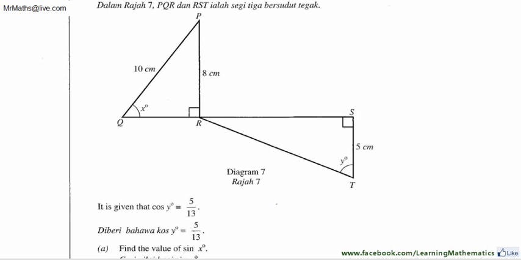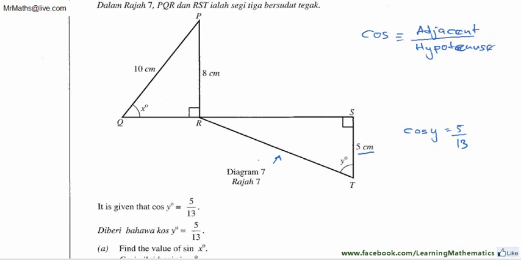That's question A. So if cos y is 5 over 13, not 5 over 5, but 5 over 13, and you know that the definition of cos is adjacent over hypotenuse. So this 5 is our adjacent to y, and the hypotenuse is this one. So that means RT is 13 cm.